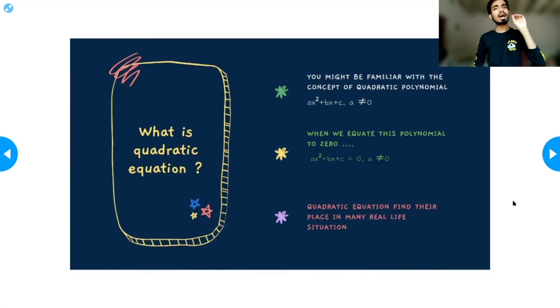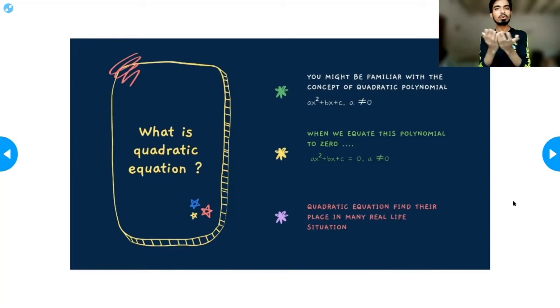Considering the highest power of the variable, that is x and y, there are classifications of polynomials. Regarding the classification, we just need to know one thing: if the highest power of the variable is equal to 2, then it is called a quadratic polynomial. And if the same polynomial is converted into an equation, it is called a quadratic equation. Simple as that.